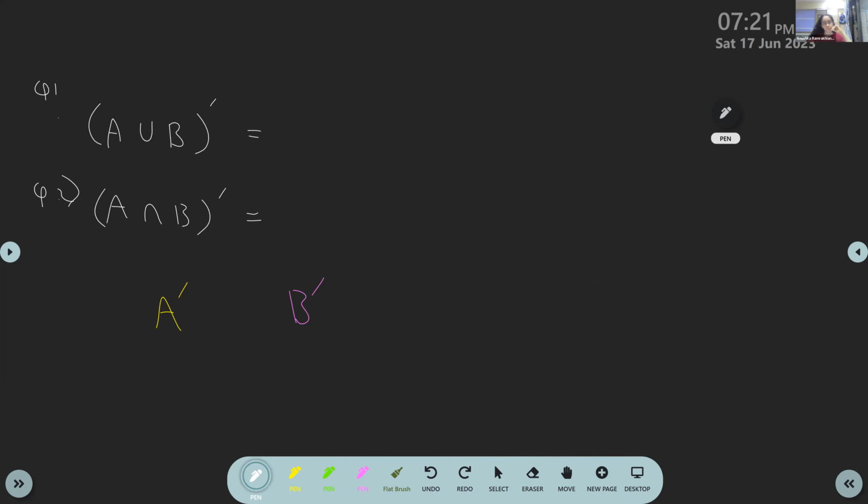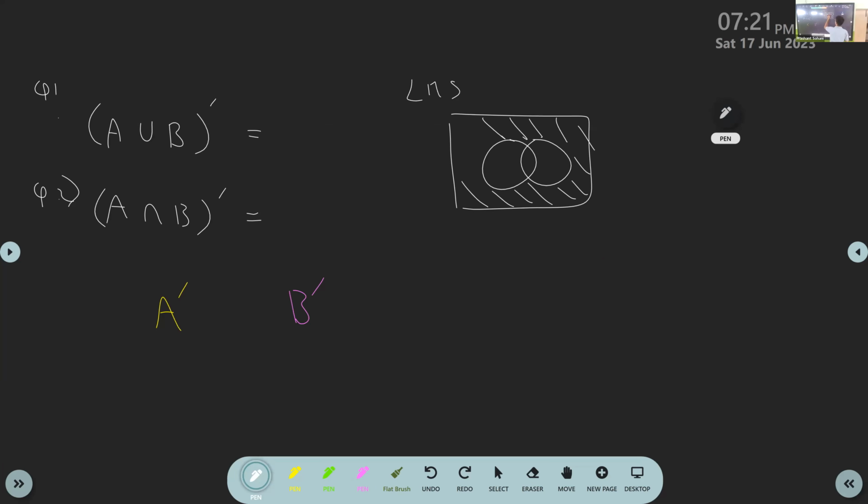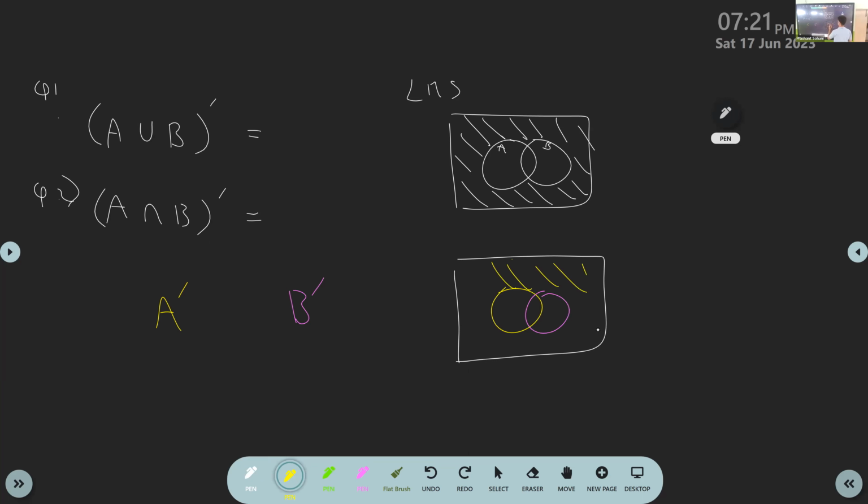Okay. Is everybody able to see that? So the LHS, if I draw the Venn diagram of just the LHS, it is this part. And if I take the RHS, first I take A complement, and then I take B complement.